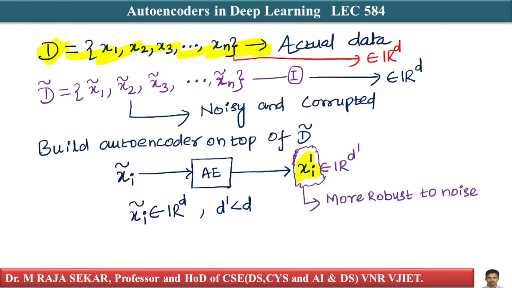This must be more robust to noise, because what is an autoencoder trying to achieve?